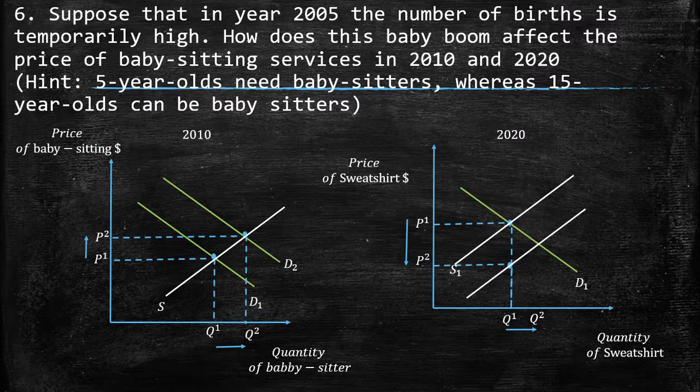But at the same time they no longer need to be cared for, so there's going to be a decrease in demand as well. Depending on the movement, the quantities are going to vary: they could be higher, lower, or the same. It depends on the shift of those curves. But what is 100% sure is that the price of babysitting is going to decrease.